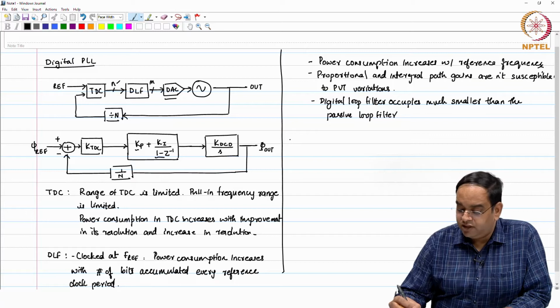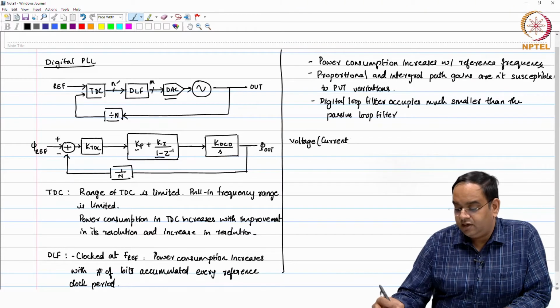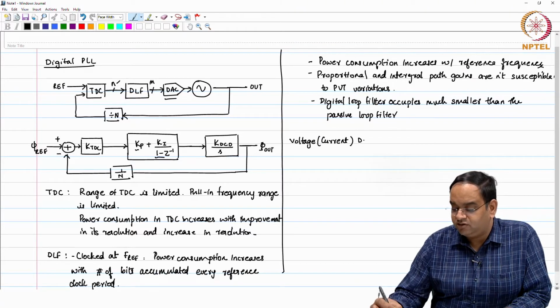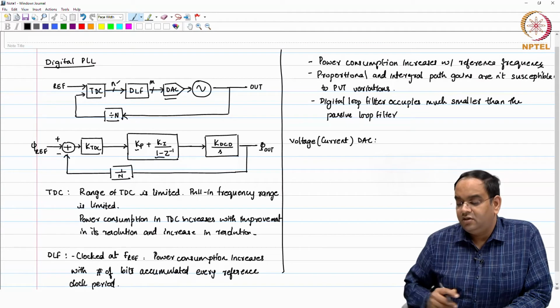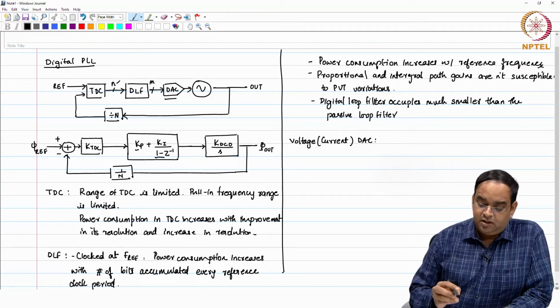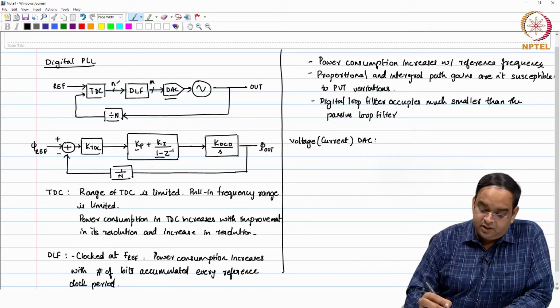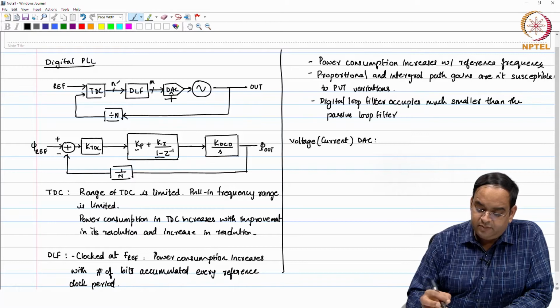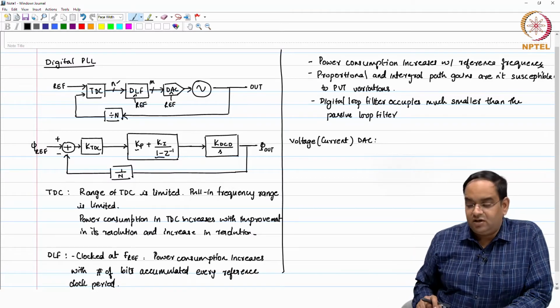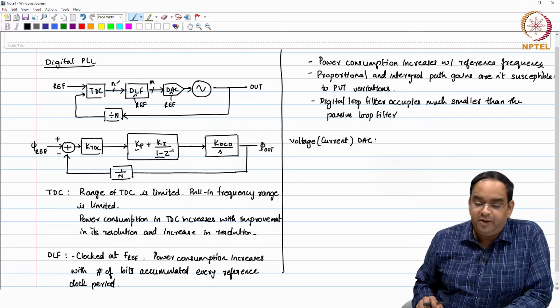It can be a voltage or current DAC, depending on how you are controlling your oscillator. Okay. This is also clocked, by the way, at the reference period. TDC is anyways clocked at the reference period, reference clock. Okay.